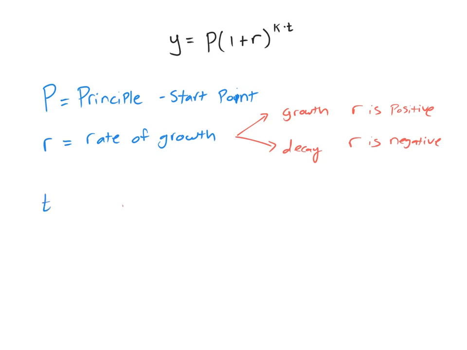T is time passed since start. And K is, again, the frequency. I'm going to invite you to go back to the original page to look up the frequency. But again, for most of our examples, K is going to be 1 because it happens every unit of time, and we'll take care of some of those nuances later.